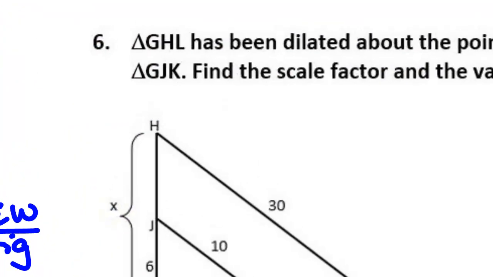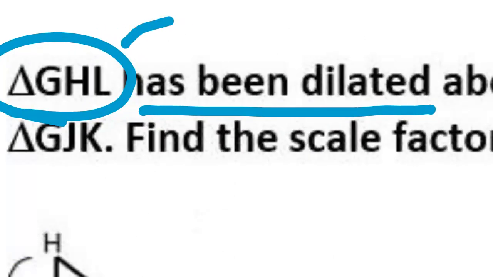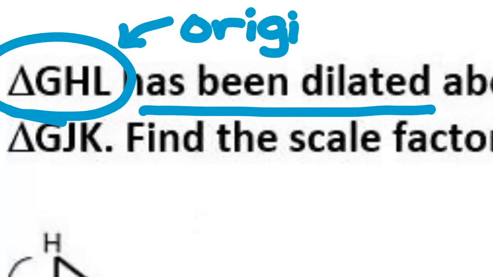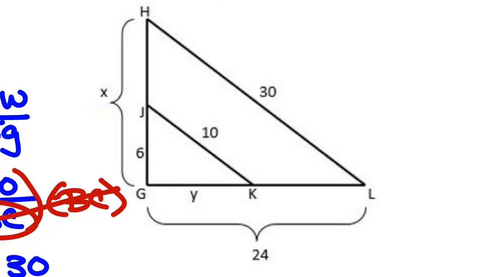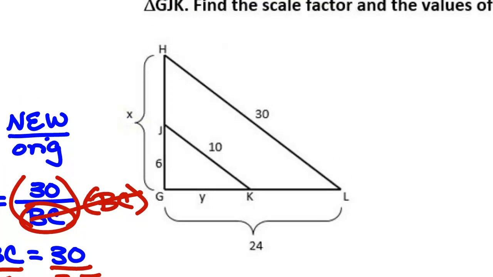Question number 6 says triangle GHL has been dilated. So I know that GHL is my new or my original? That is my original. Triangle GHL. So I'm going to trace around that so that I can see it a little bit better. GHL is this big triangle here.